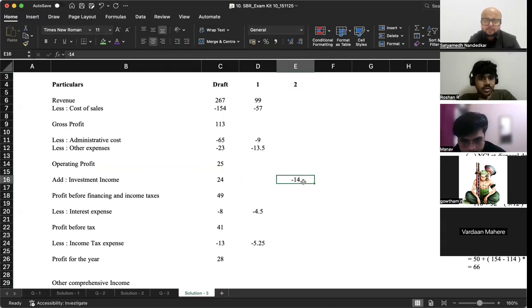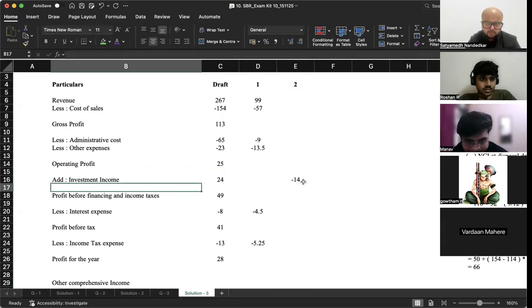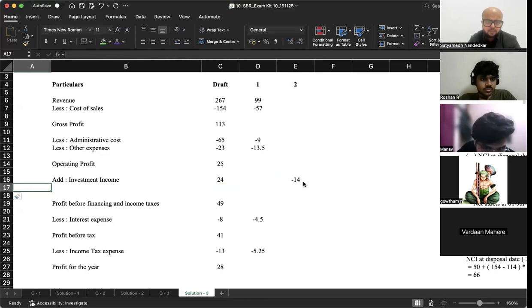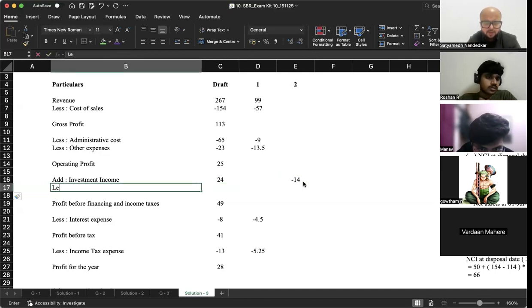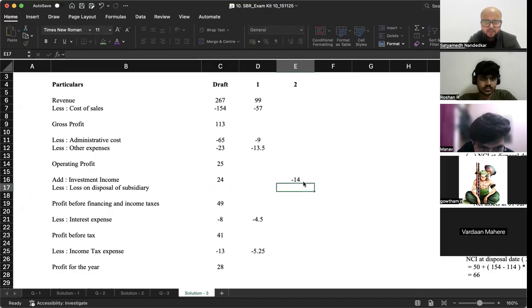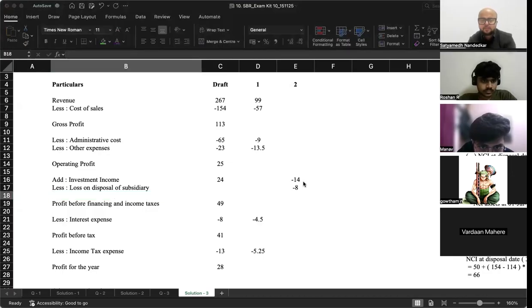Add another line item, adjustment 3, loss on disposal of subsidiary. कितना है? Minus 8. ठीक है.